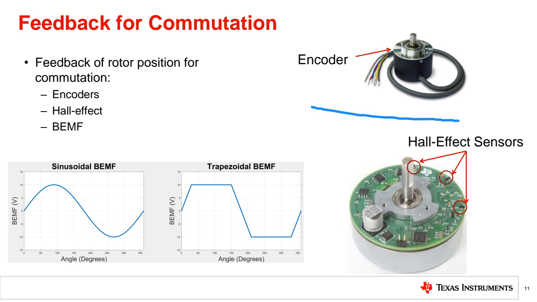It's very expensive, but it detects position with very high resolution. For example, it detects 1 over 2,500, whereas a Hall sensor detects 1 over 6 only.